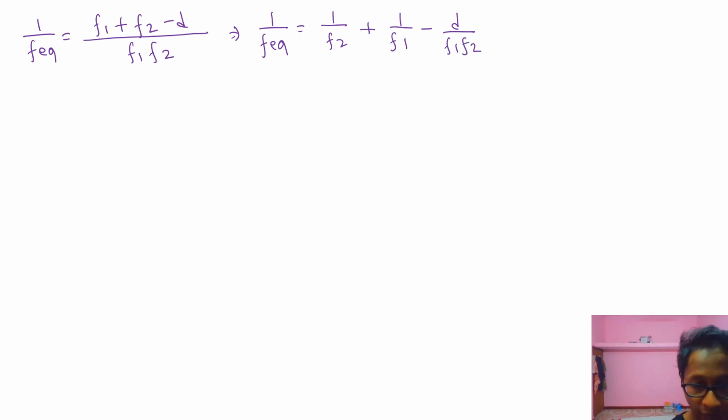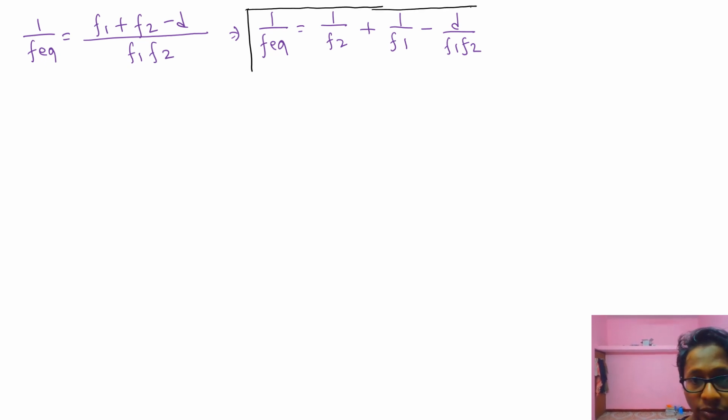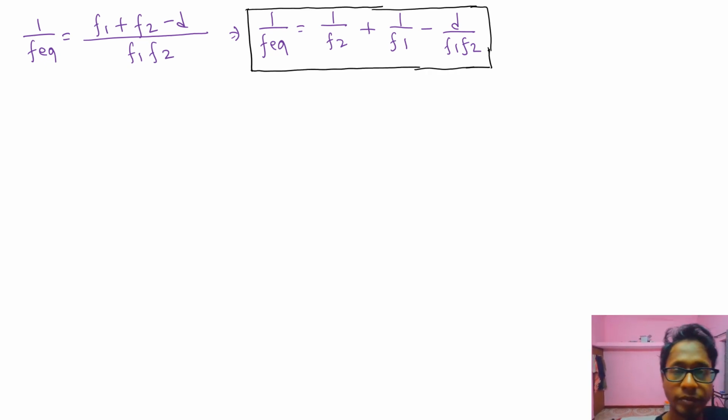So the focal length of two lenses separated by a distance d is given by the formula 1 by f equivalent is equal to 1 by f1 plus 1 by f2 minus d by f1 f2.